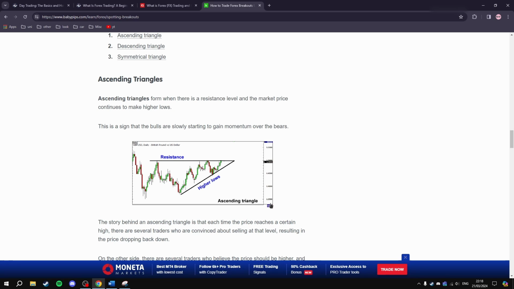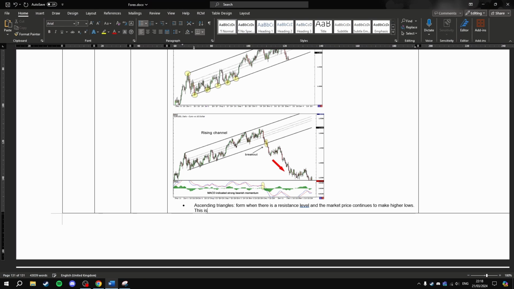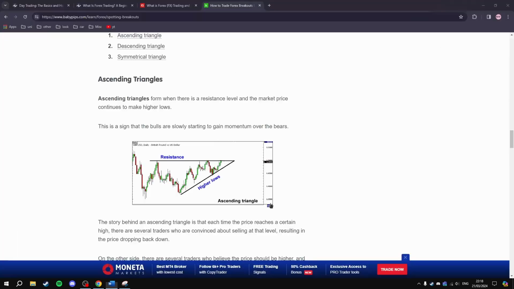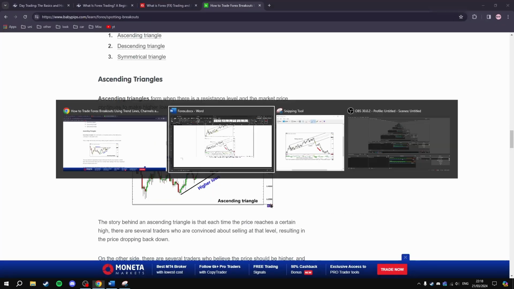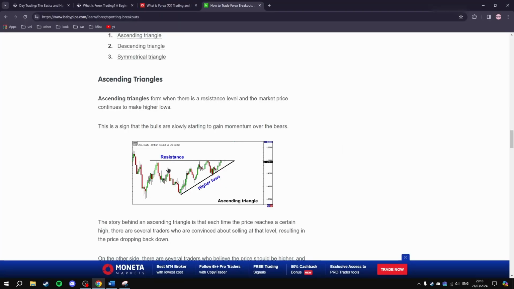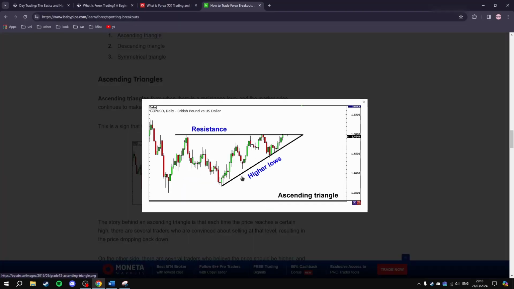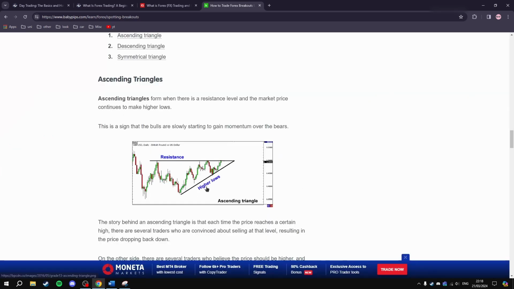This is a sign that the bulls are slowly starting to gain momentum over the bears. So we've got the resistance here, higher lows, ascending triangle. Because the lows are getting higher, it's called higher lows.